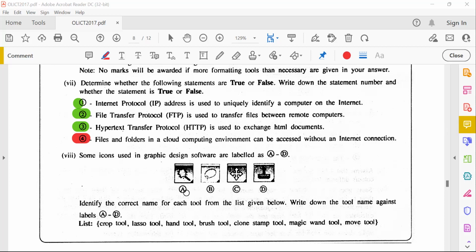Yes. So according to what we have given, it is Magic Wand, but remember it's the Photoshop name too, right? So the A, according to this, is Magic Wand, but that is Photoshop.